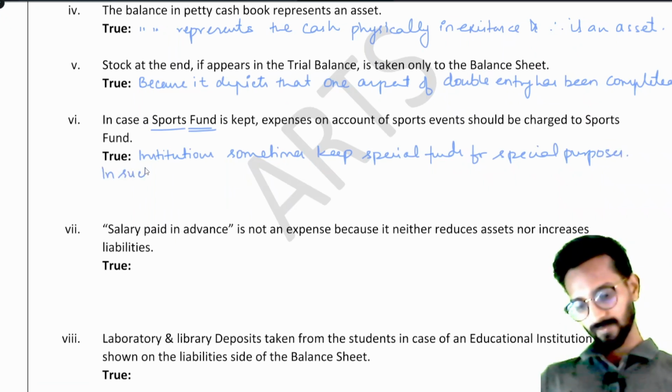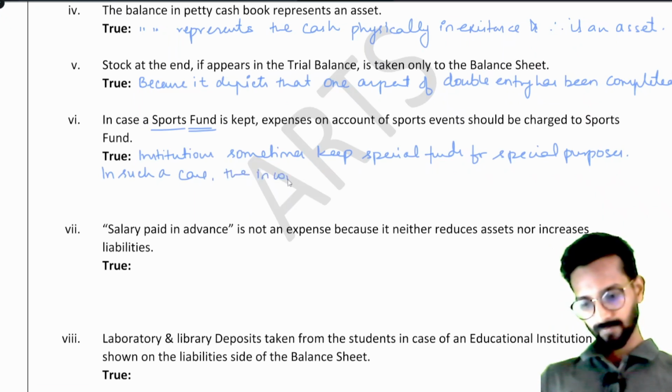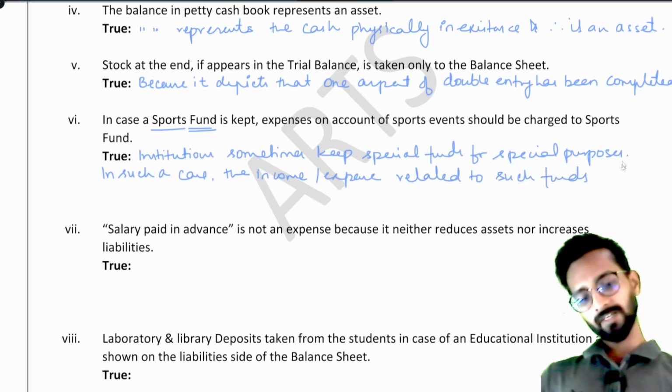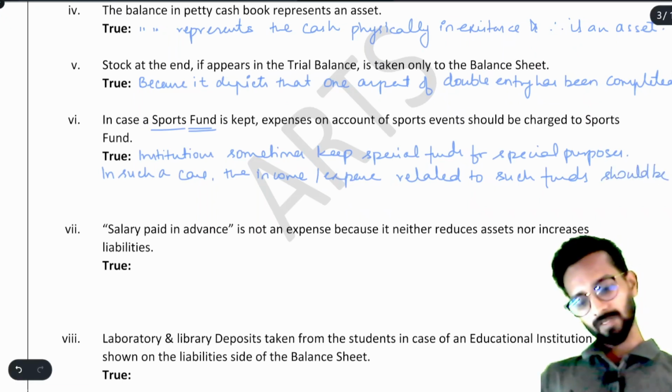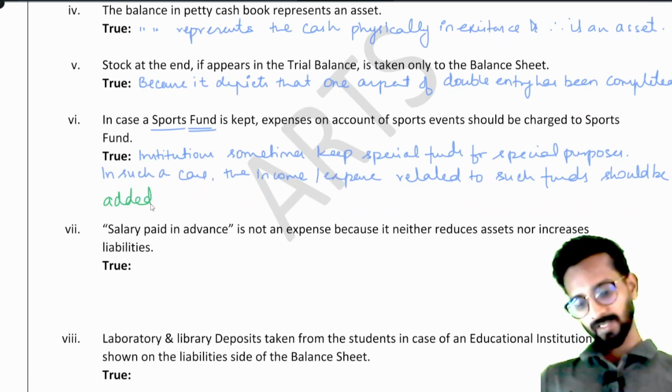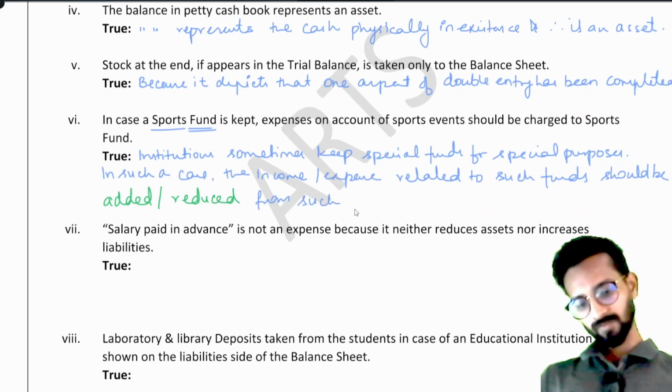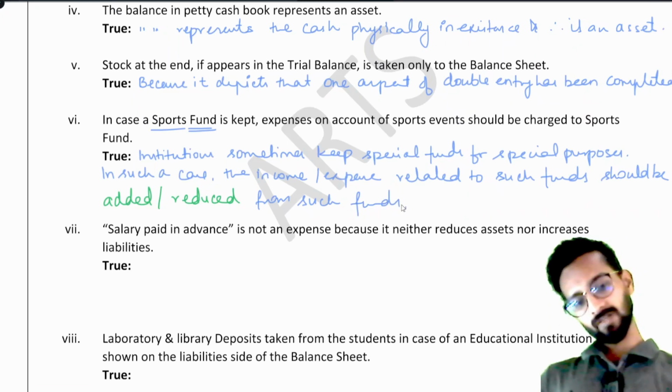In such a case, the income or expense related to such funds, what should we do with the income? You will add it. Related to such funds should be added, and if they are expenses, then reduced from such funds. Simple.